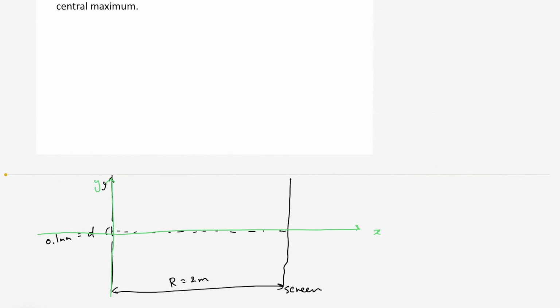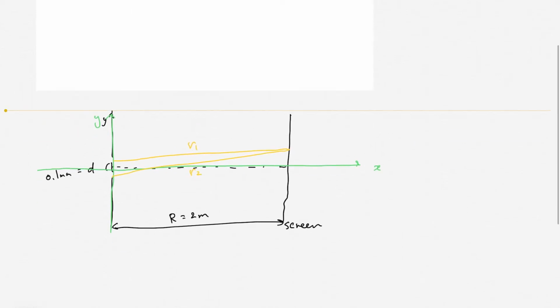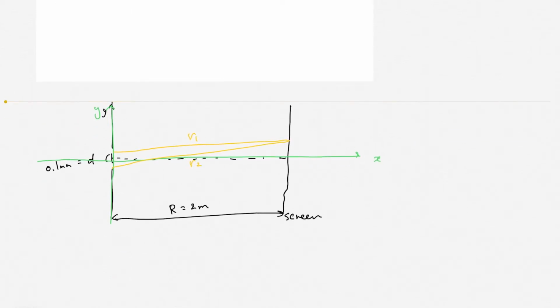And then we could consider the paths. The path to this point on the screen is r sub 1, and this is r sub 2. Then when the absolute value of r sub 1 minus r sub 2 is an integer multiple of lambda, this is the condition for the bright band.